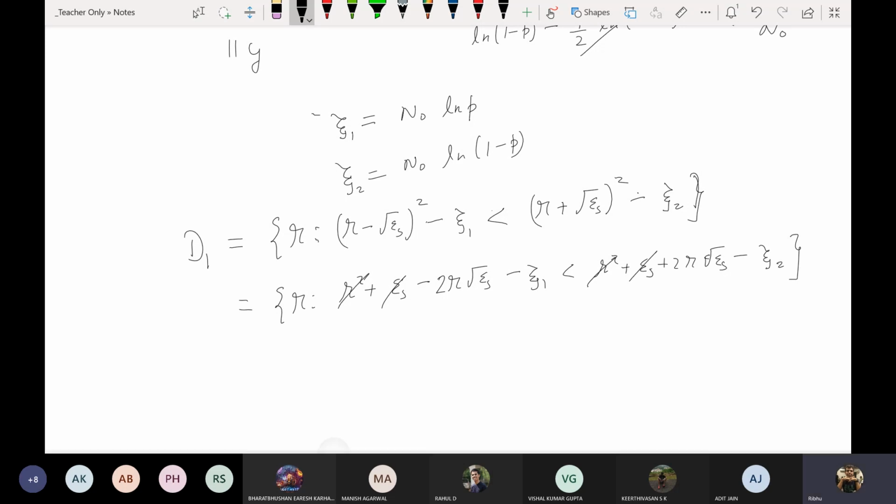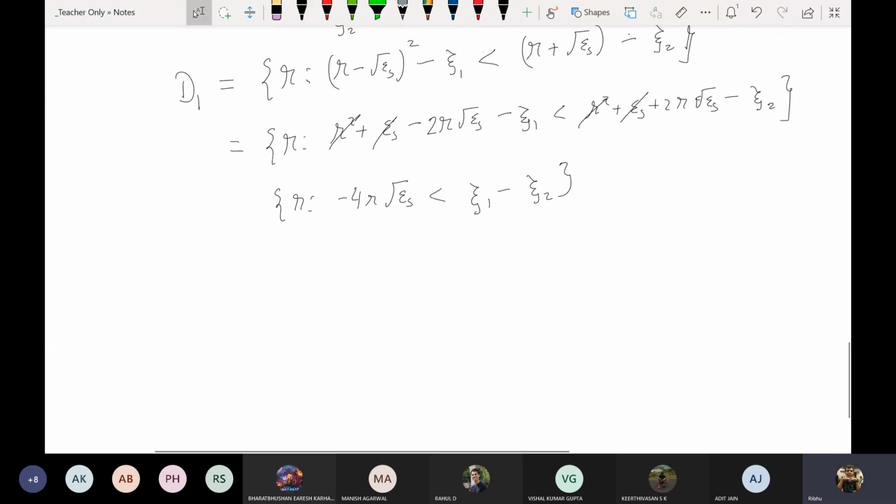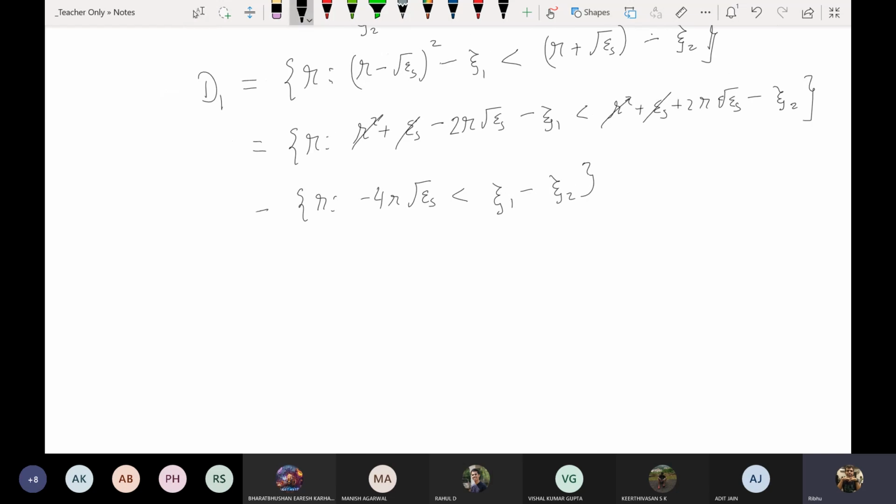So r such that minus 4r root E_s is less than xi 1 minus xi 2, because we got 8 instead of 4 yesterday. That was another reason.